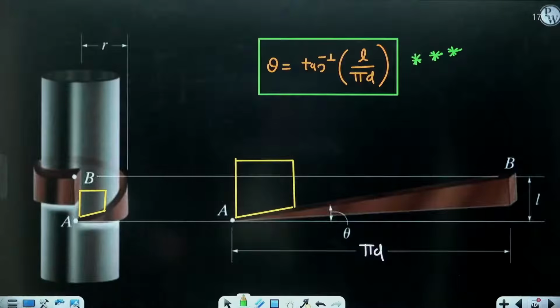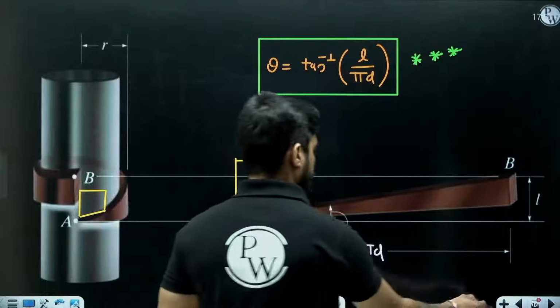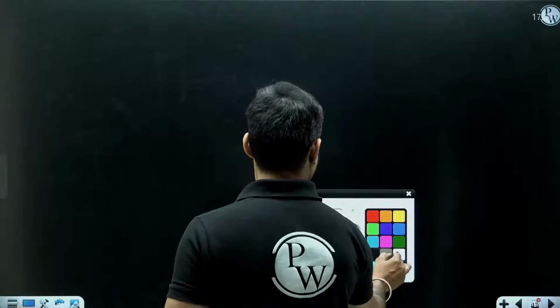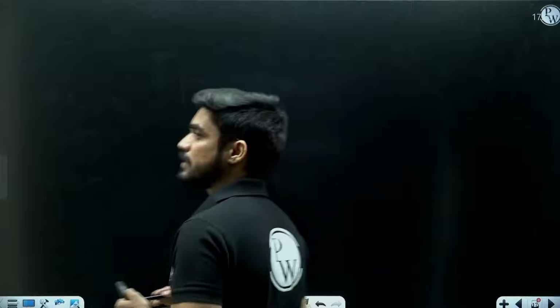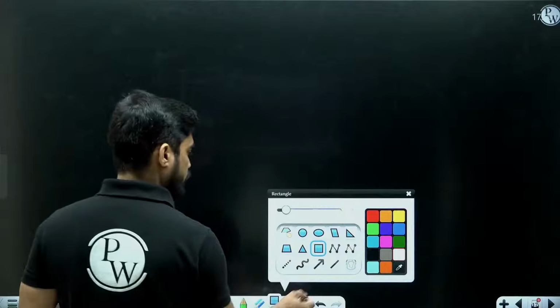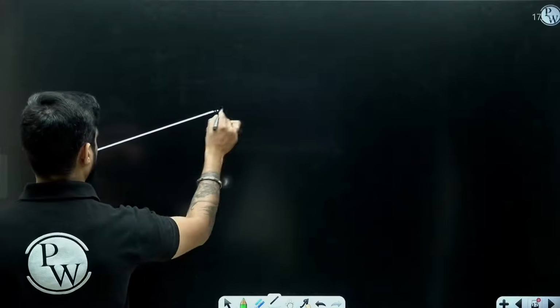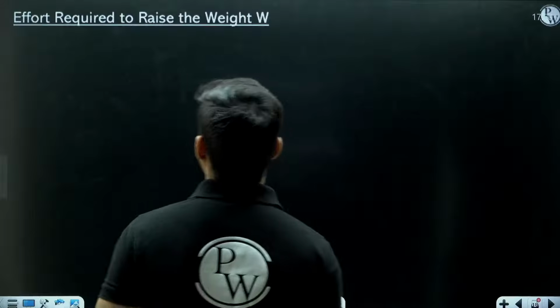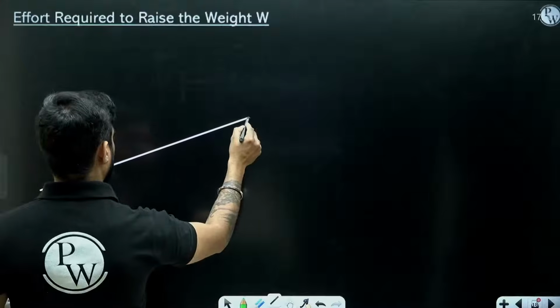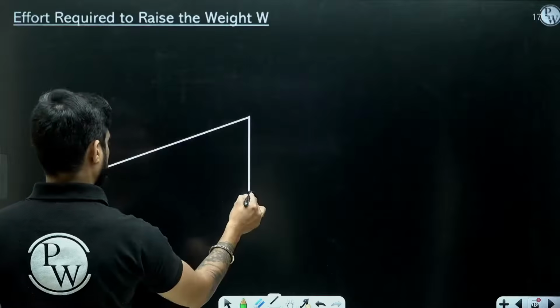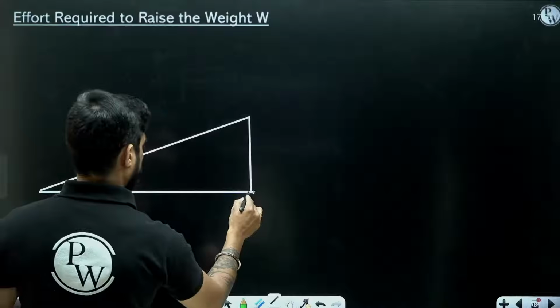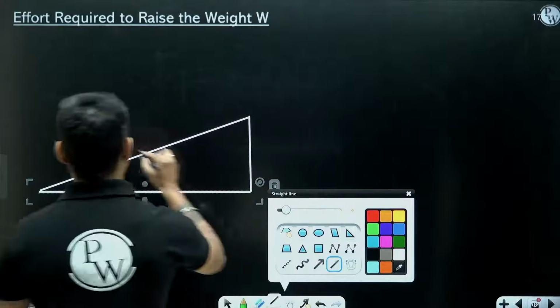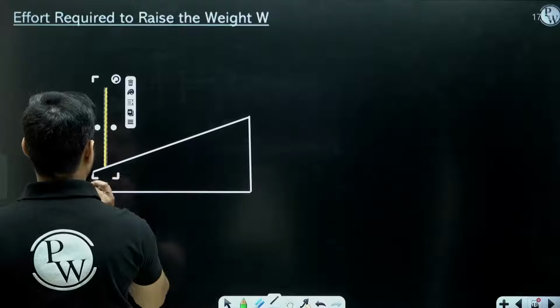Okay. So now understand. It is something like this. This is your thread. And this is the block which is kept on the thread.